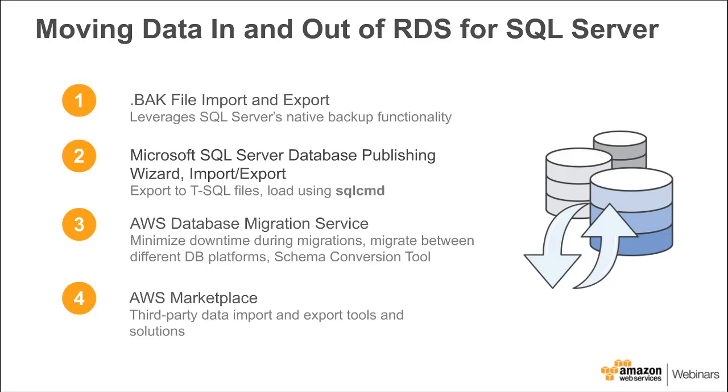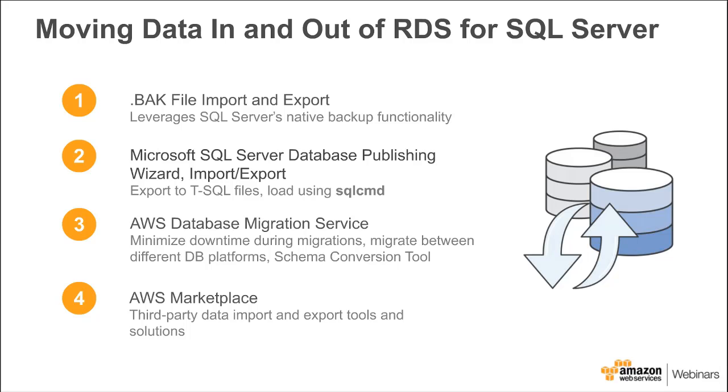And it supports even heterogeneous migrations between different database engines, from MySQL or Oracle or Postgres to SQL Server, for example. And the location of the databases can also be different. Some of them can be on-premise, on EC2, or on RDS. So it's really a very flexible tool to move data to and from SQL Server running on RDS or EC2.